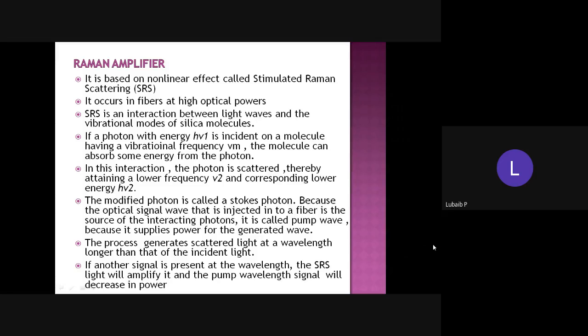If a photon with the energy h nu 1 is incident on a molecule having the vibrational frequency nu m, the molecule can absorb some energy from the photon. In this interaction, the photon is scattered, thereby attaining a lower frequency nu 2 and the corresponding lower energy h nu 2.